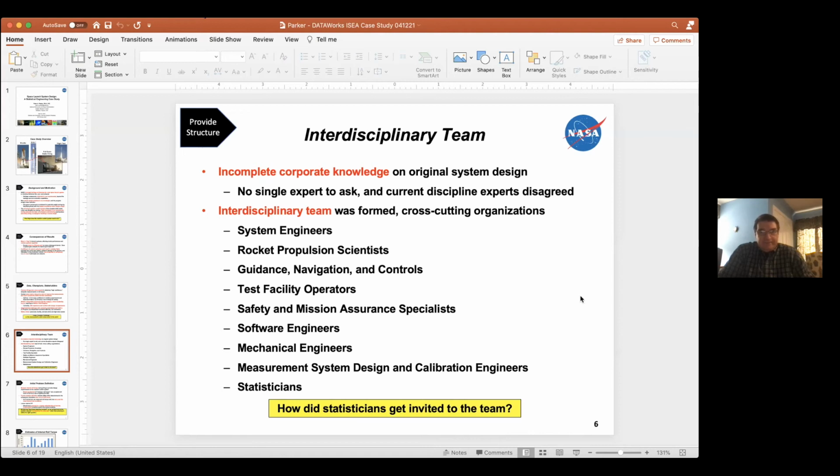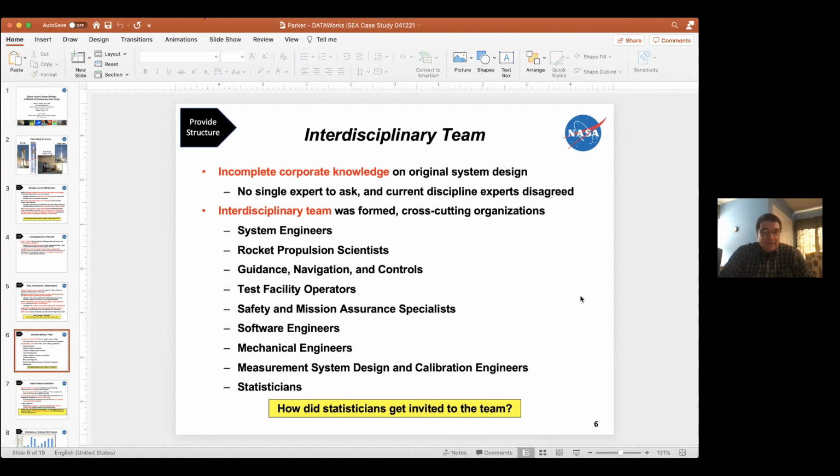So that interdisciplinary team was formed, and I'm not going to read that list you see on the screen. But at the very bottom, statisticians were added to that team. And you might ask, well, how did the statisticians get invited to the team? Well, they weren't. That's the short answer, and one of the lessons learned. Early in my career, I had developed experience and expertise in force measurement systems. That's how I got on the team. And what I brought along was my experience and knowledge of industrial statistical products and processes, like design of experiments.